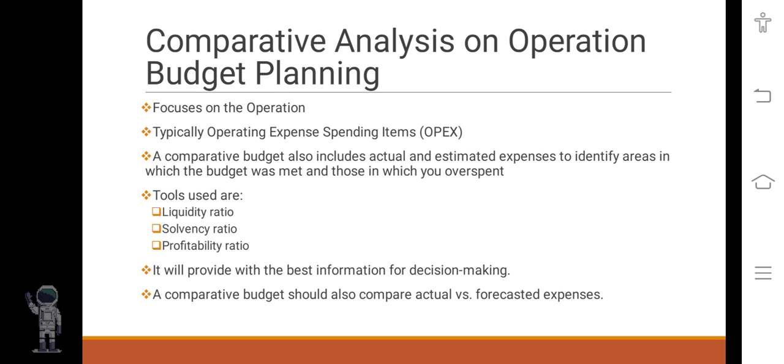The tools are the liquidity ratio, solvency ratio, and profitability ratio. They provide the best information for decision making. A comparative budget should also compare actual and forecasted expenses.